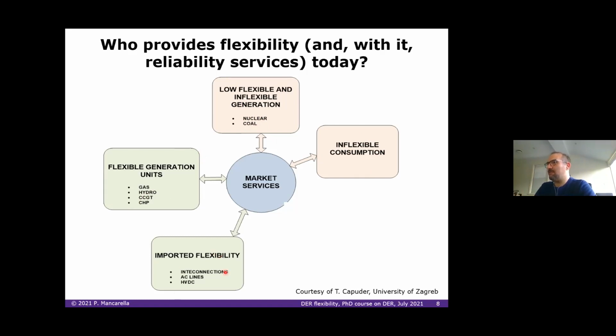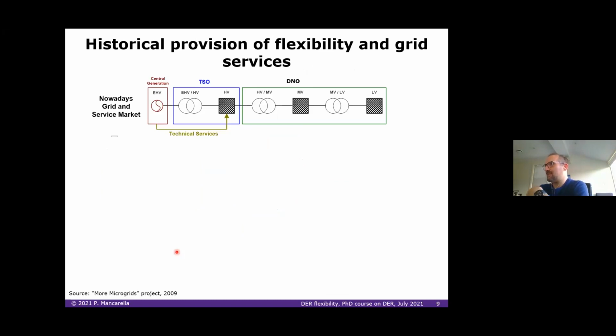And then, of course, if you are an interconnected system, like most systems, you can also borrow and lend flexibility. So through transferring energy, you also transfer somehow flexibility and reserves, all that. Now, what's happening is that historically, as you can see, all the flexibility has come in one direction. The flexibility providers, basically, when we studied fundamentals of control of power systems, that's really all about the synchronous generators pretty much.